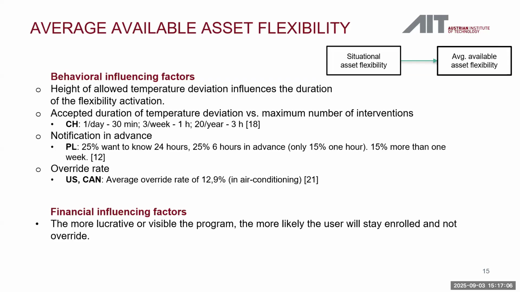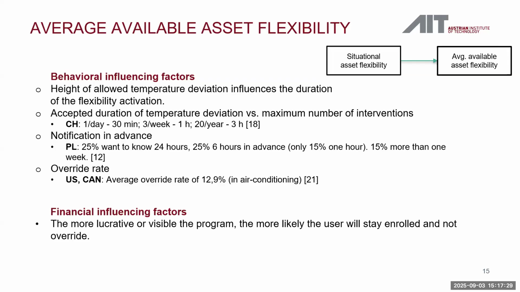There is data from Switzerland suggesting that once a day, it's okay to do it for 30 minutes, but if you want to have 3 hours, they would only allow it 20 times per year. Users also want to know in advance, some 24 hours, some even up to 1 week.